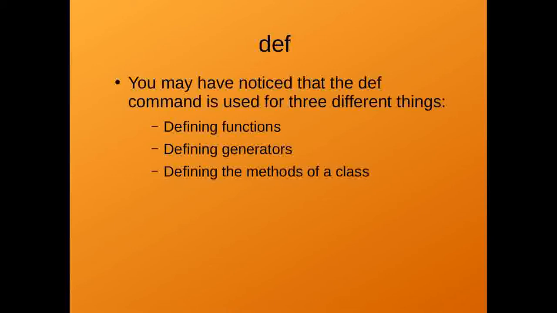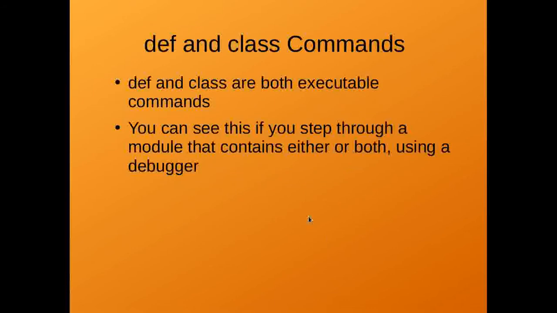And of course the defs of a class are within a class statement. Def and class are both executable commands in Python, and they create objects that you can manipulate. You can see that def and class are executable commands by stepping through a Python program with a debugger. We'll talk about debuggers later.